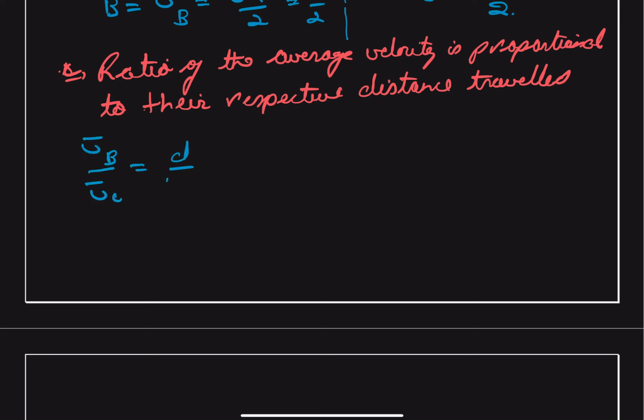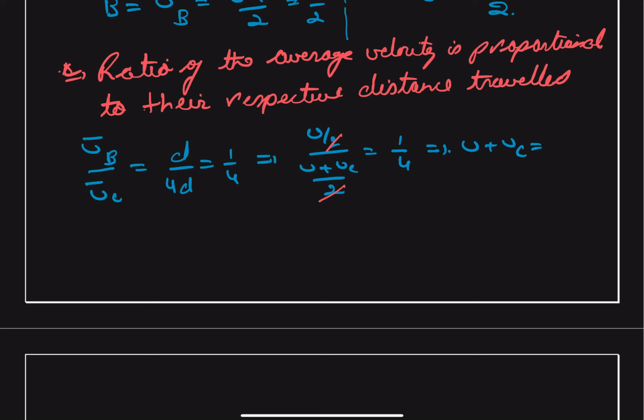We substitute the values of the average velocities which we just calculated. It is v by 2, and here we have (v plus vC) by 2, equal to 1 by 4. The 2 cancels with the 2, and therefore v plus vC will be equal to 4 times v.